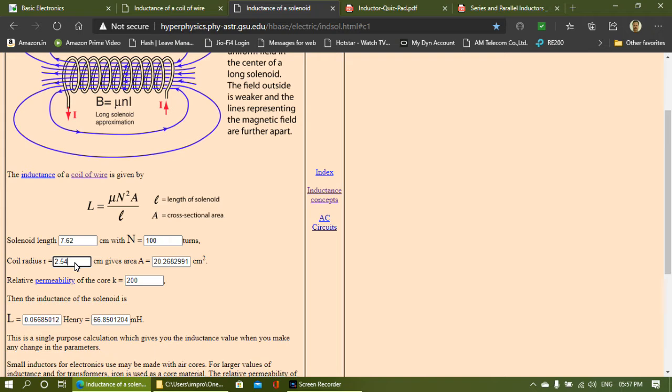If we increase our cross section area by increasing our radius, then our inductance will increase to 66.85, almost more than 50 henry, just by increasing the radius by half an inch. Okay.